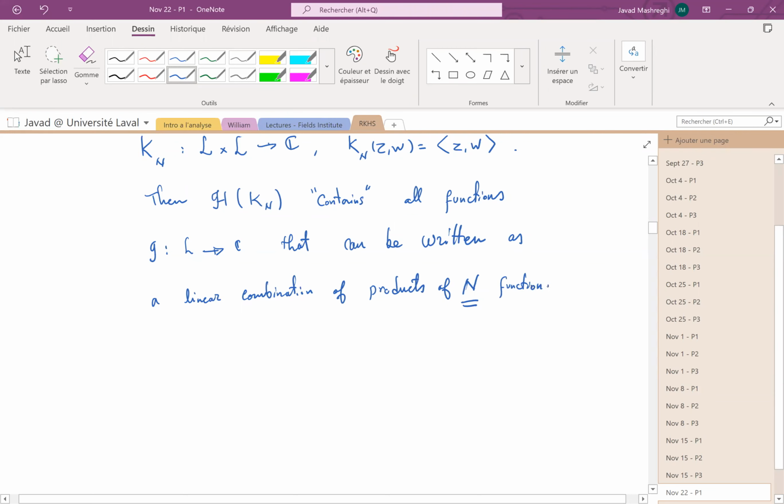Of course, when we talk about functionals, everything is bounded, maybe I add here bounded functionals.